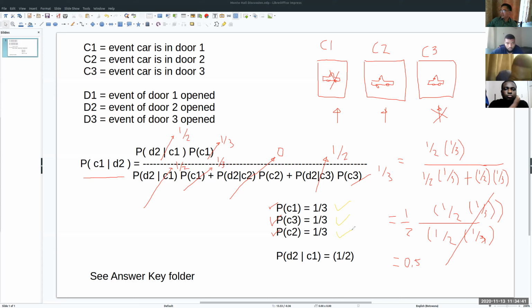Then, if the car is in door one, what is the probability of opening door two? We have two possibilities.